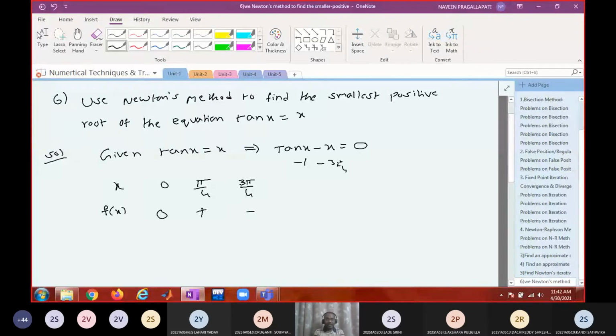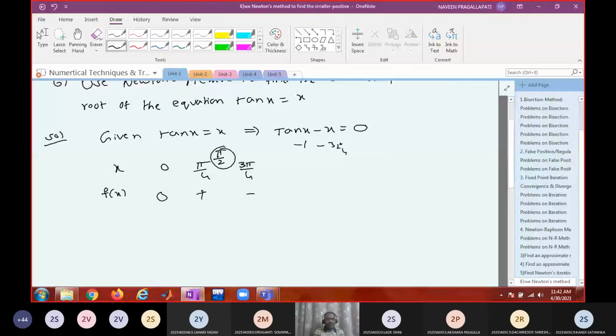You cannot say that, because the function is discontinuous at pi by 2, right? That is the problem. The function has opposite signs between pi by 4 and 3 pi by 4, but that doesn't mean there is a root in between, because there is a point of discontinuity at x equal to pi by 2. Did you realize this point? Yes. Okay, so you cannot say this.